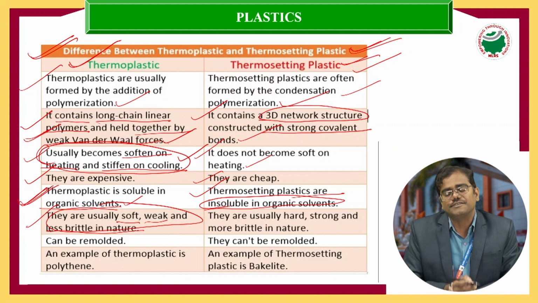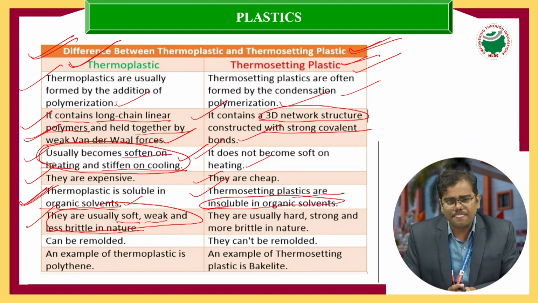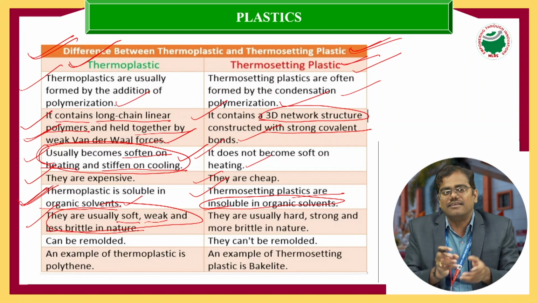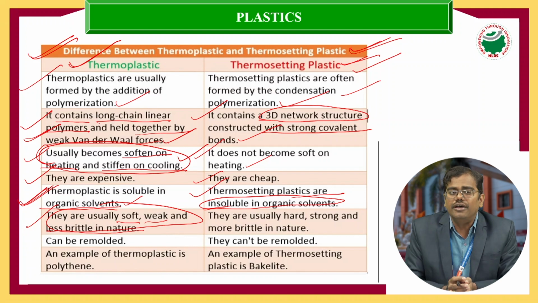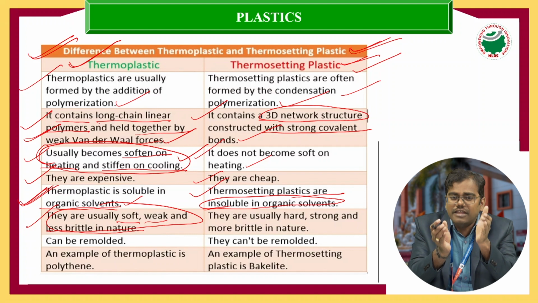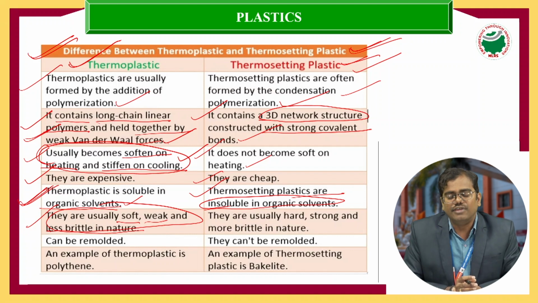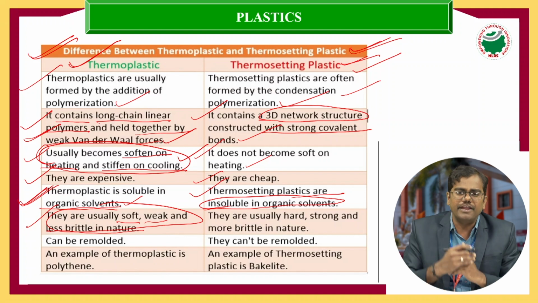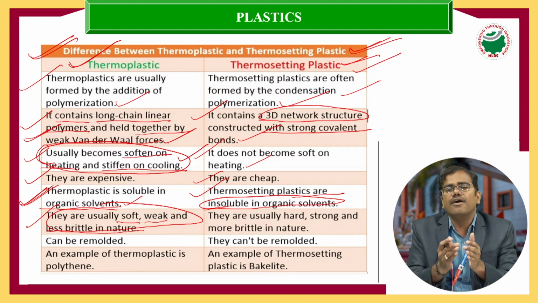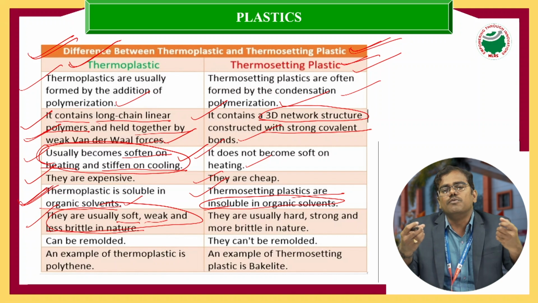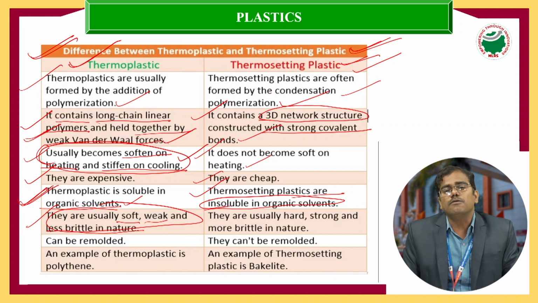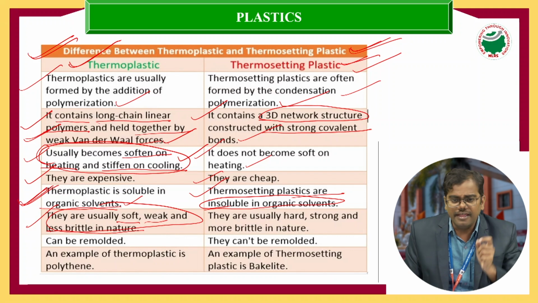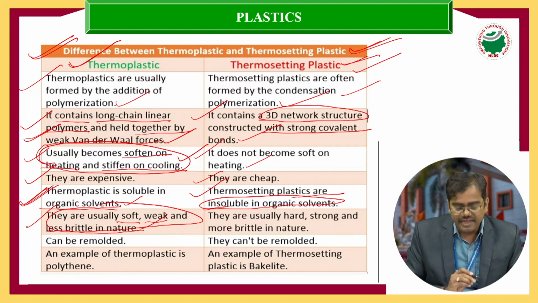They break easily because the bonds between the two polymeric chains are very weak. When exposed to heat or temperature, these weak van der Waals forces easily break, which facilitates easy movement of the polymeric chains. That's why thermoplastic resins are soft, weak and less brittle.